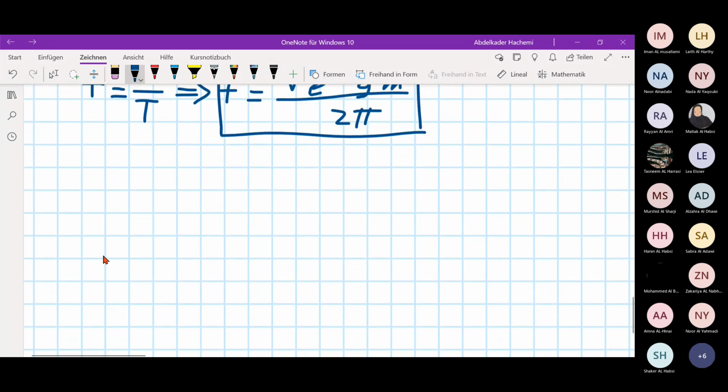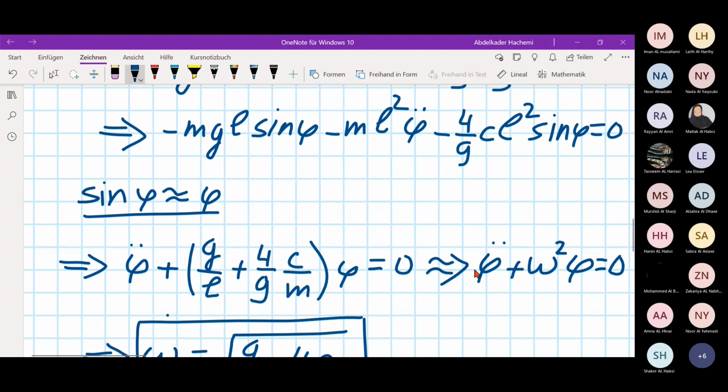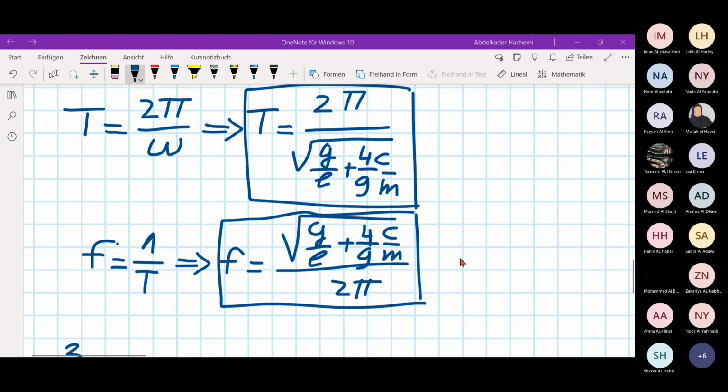Now, coming to look at what phi maximum is, for the third question, we know the solution of this differential equation. Phi of t, I write the solution to the differential equation here.